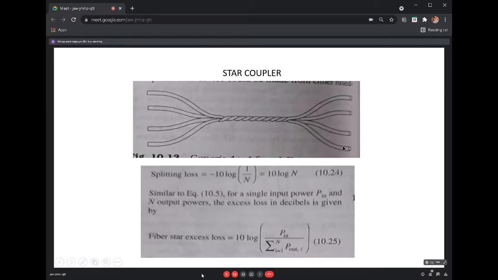Here it is m. So like this is the star coupler, basically its design and principle.